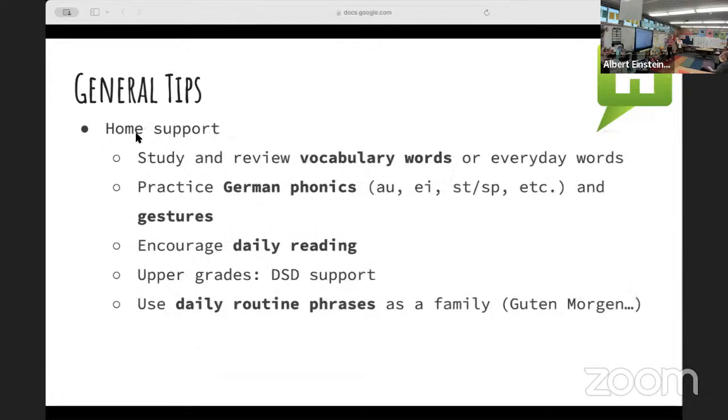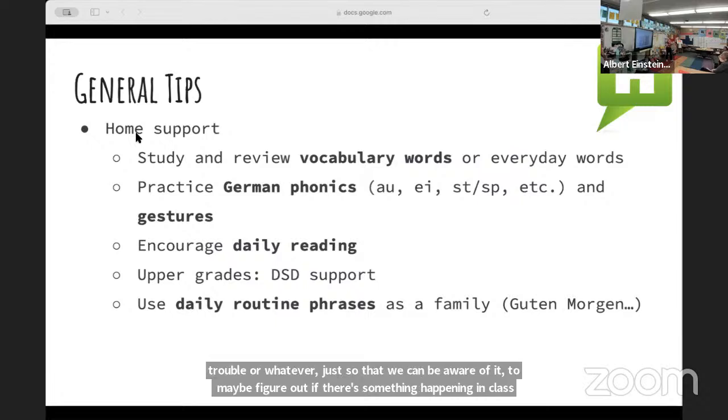I want to communicate with your teacher, especially for the younger grades. Please let us know if there's a lot of struggle at home during German weeks, like he doesn't want to go to school, or she doesn't, or in the morning there's extra trouble, just so that we can be aware of it and figure out if something in class is still too early, like maybe there's too much language production for this kid.